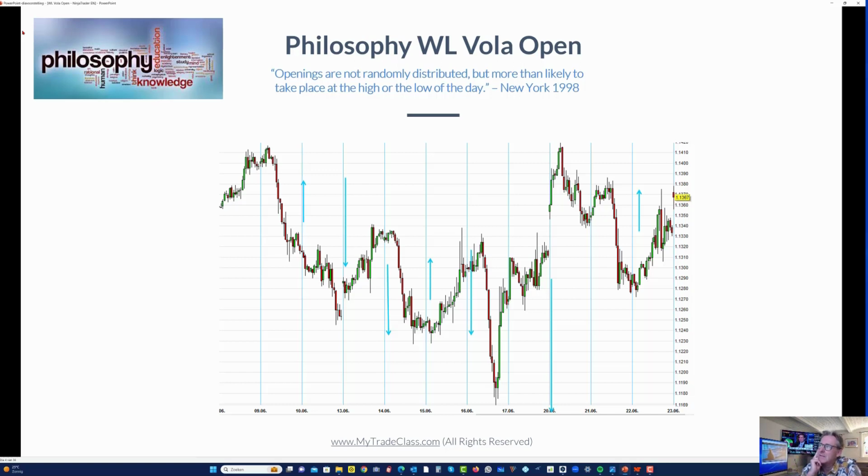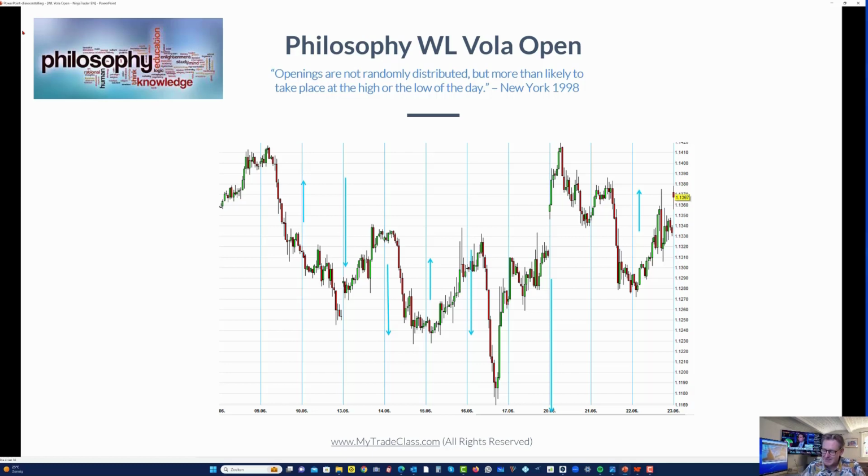And so I started looking at it, and you see the example here on the screen. This is a 60-minute chart, and if you look at the blue line, which is the beginning of the day, and you see how the market moves, it's not always, but very often the market will make a nice move either upwards or downwards.